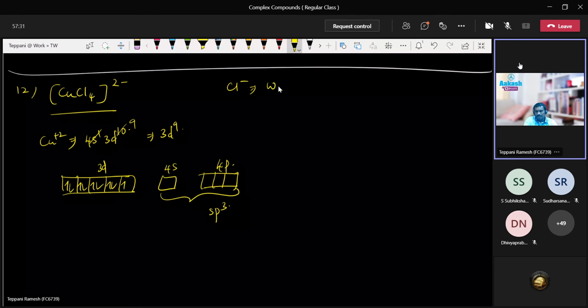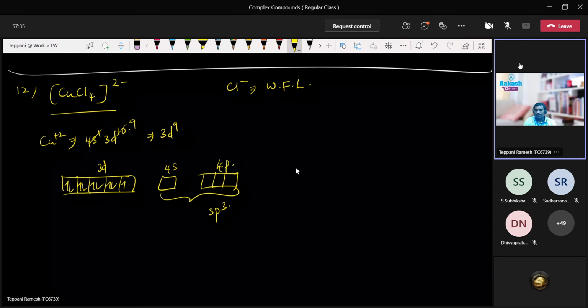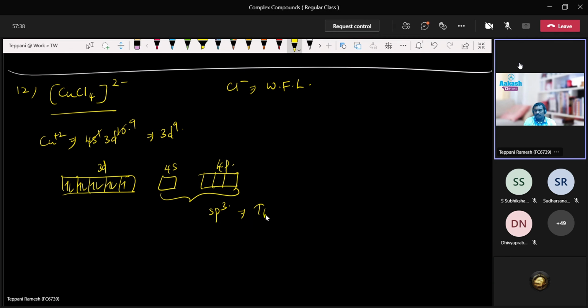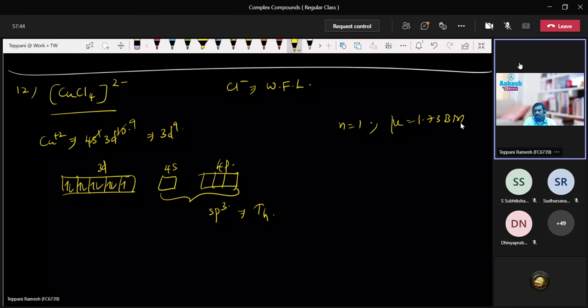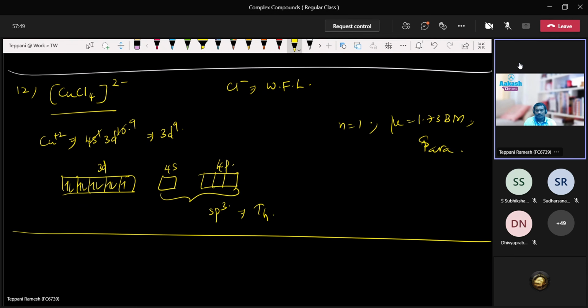Cl minus is a weak field ligand, outer orbital utilized, sp3 tetrahedral. Unpaired electron 1. Mu value 1.73 Bohr magnetons. Paramagnetic, correct.